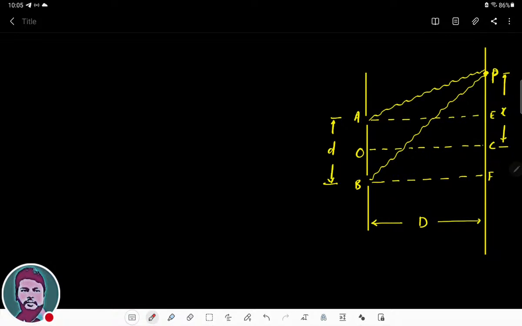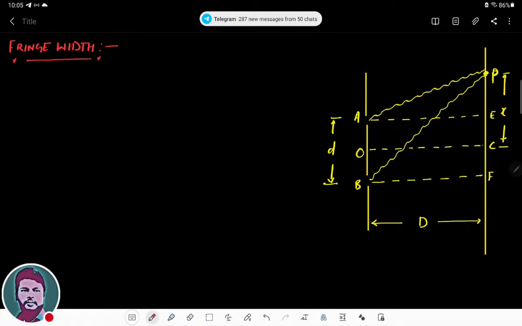That is fringe width. So let's write it right here, fringe width.